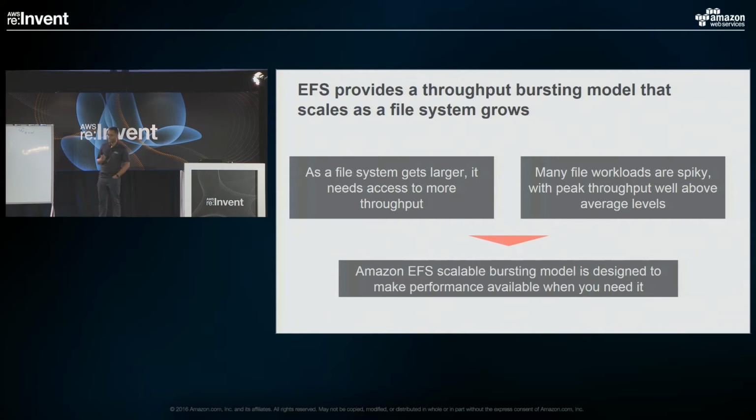The other is the observation that most file workloads are spiky. They tend to hum along at a certain baseline rate, and then during certain periods, they tend to spike up in terms of IOs. So what EFS provides is a scalable bursting model that's designed to make performance available to your application when it needs it.